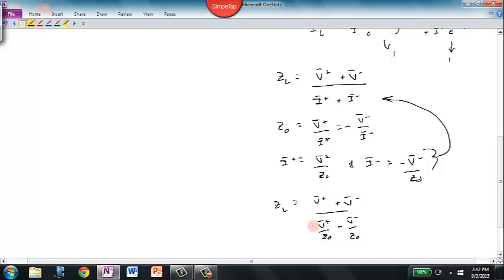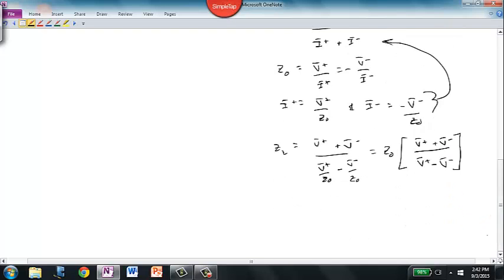I could pull it out here, it'd be 1 over Z0, but since this is in the denominator, it's going to flip, and so that's going to be equal to Z0 times V bar plus plus V bar minus over V bar plus minus V bar minus. So I've got this relationship here.